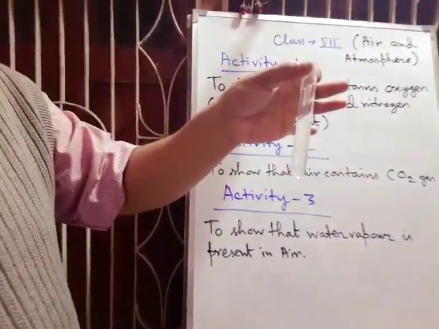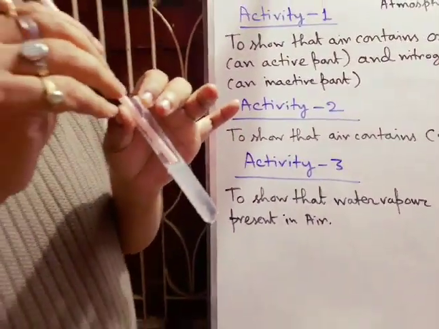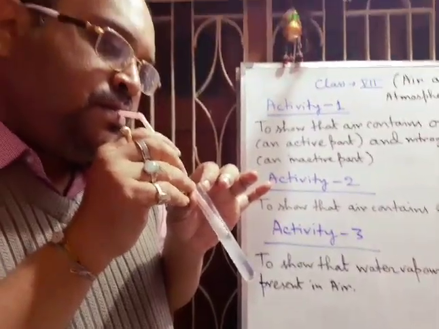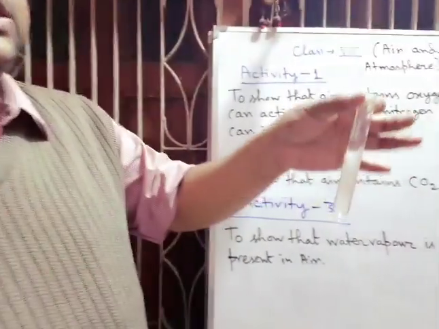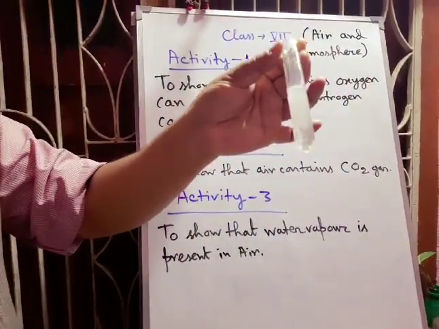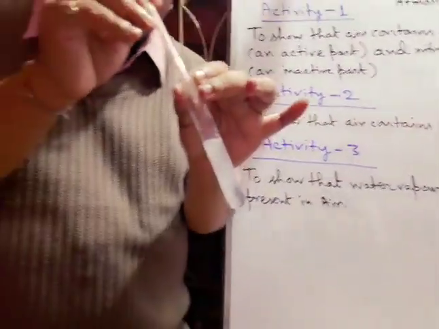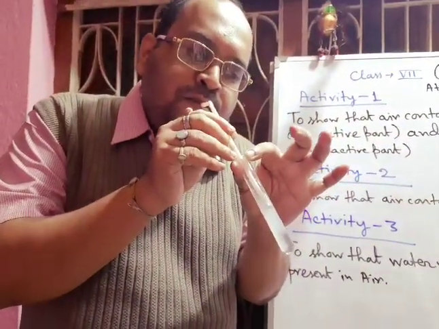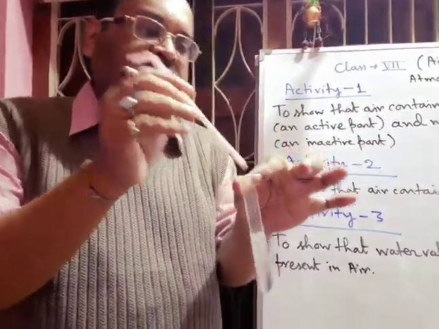Milky white. So that means air contains carbon dioxide gas. See, clearly you are able to see. So this is a proof.